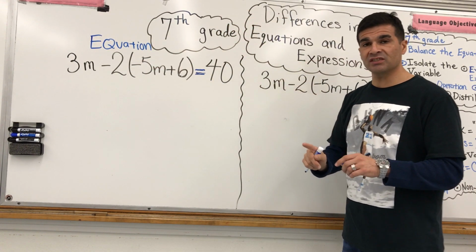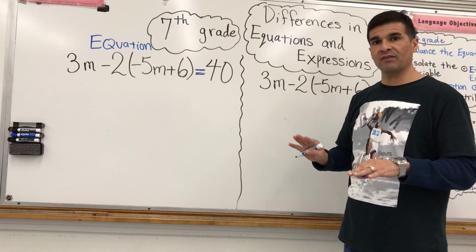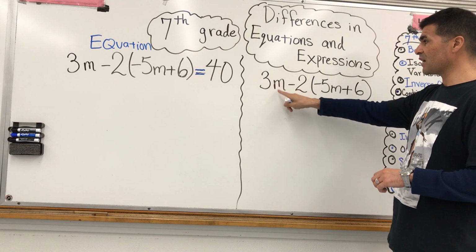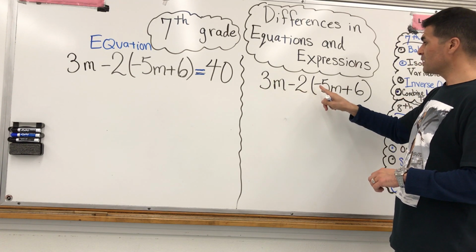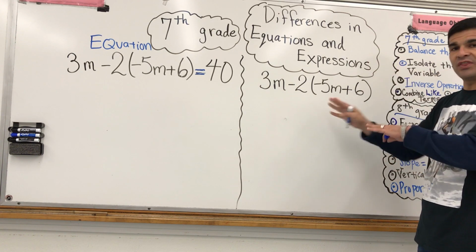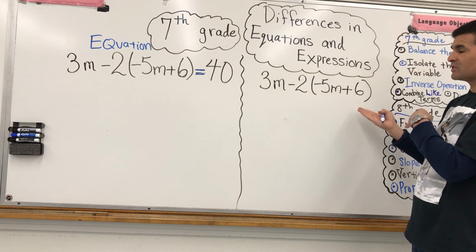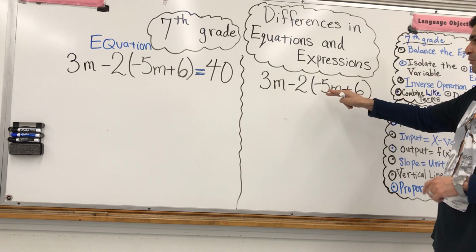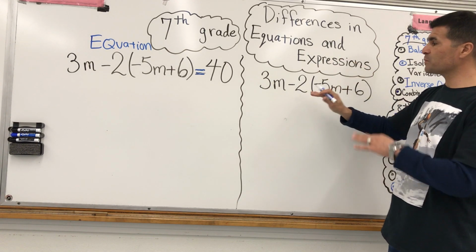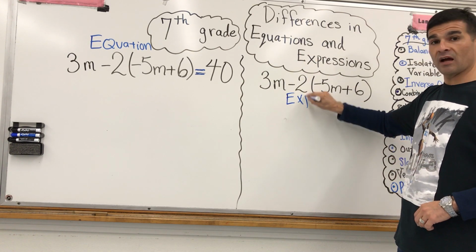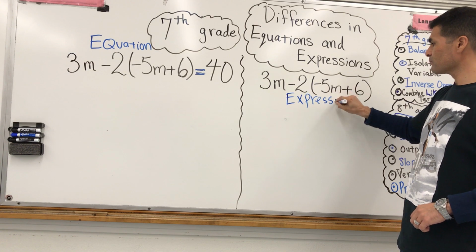Now, expressions in math do not have equal signs. This says 3 times m minus 2 multiplied by the quantity negative 5m plus 6. You can see that it doesn't have an equal sign. This would be our expression. So the difference between our equation and our expressions is that expressions do not have equal signs.